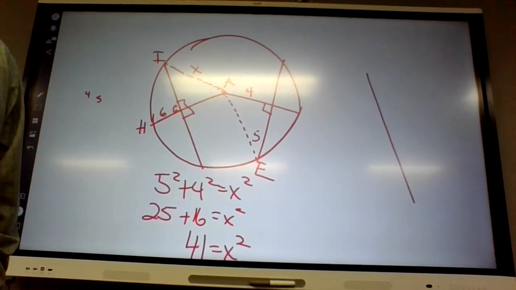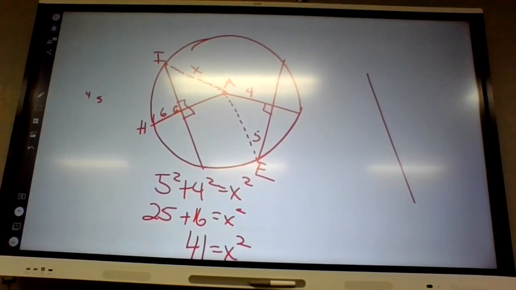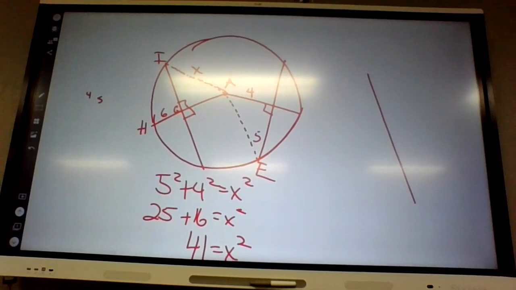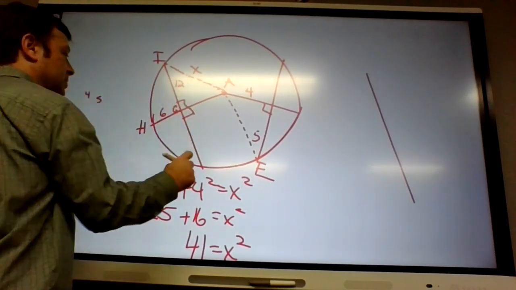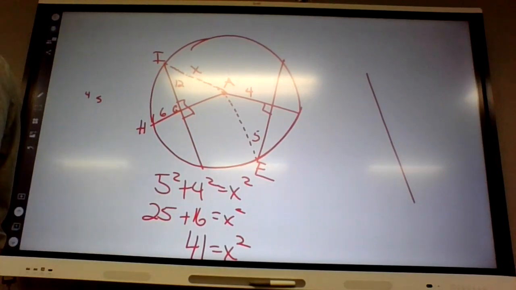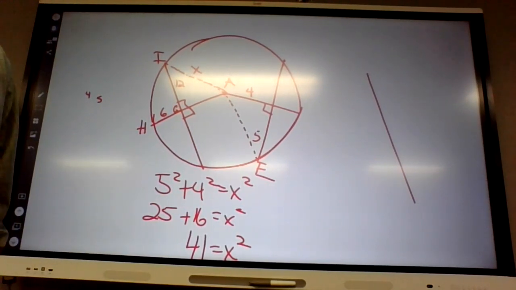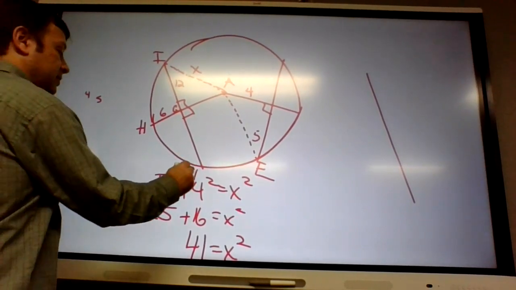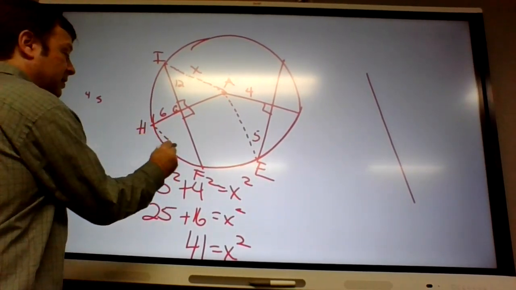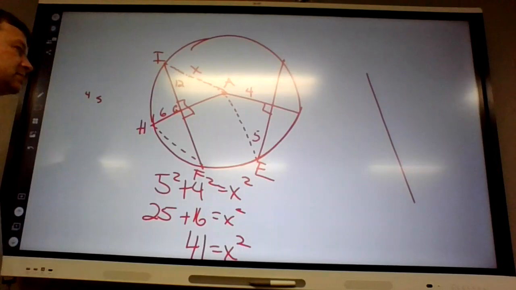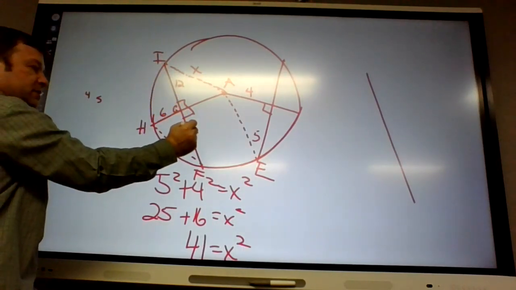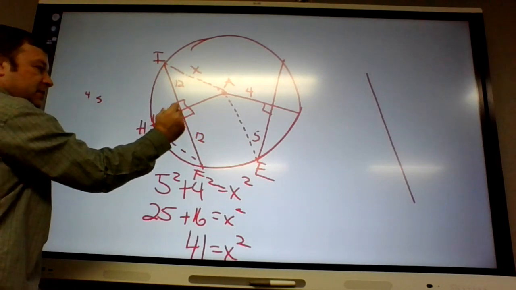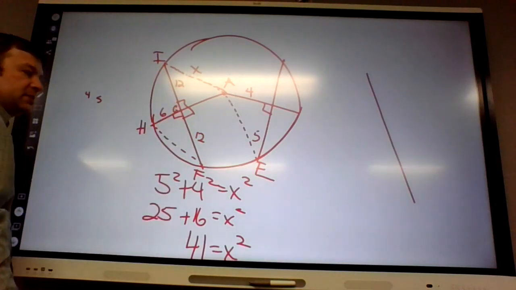Okay, GH is 6, check, and IG is 12. Well, it tells us to find HF, which is like right here. Well, if this is 12, how long is this? 12. So we got 90s here.